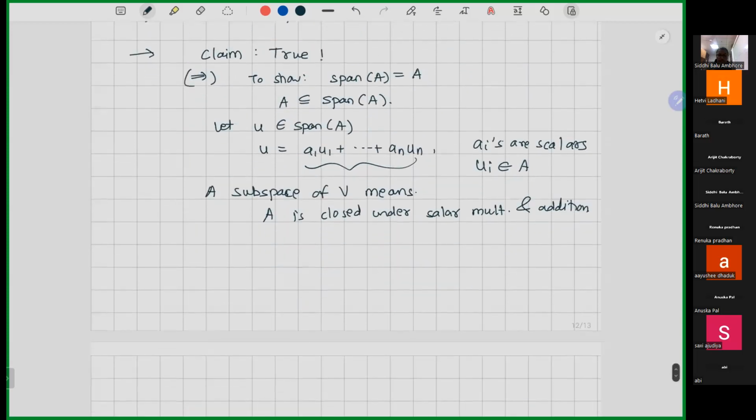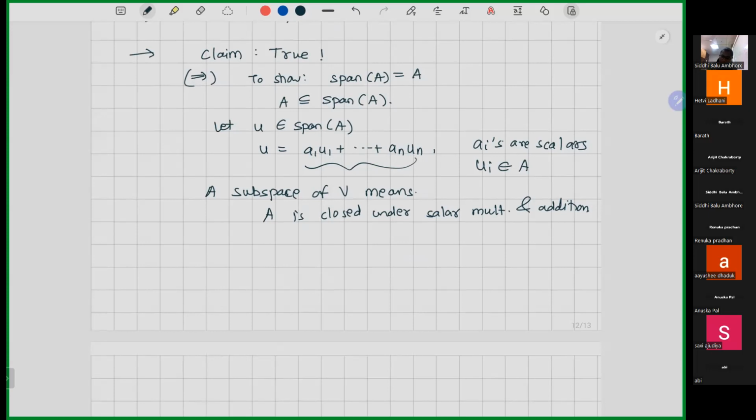So these u_i's are in A, because u is in span of A. But then a_i times u_i is again an element of A, because A is a subspace and it is closed under scalar multiplication. Now, when we add these a_i u_i finitely many times, I mean a1 u1 plus a2 u2 plus a_n u_n, then A is again closed under addition.